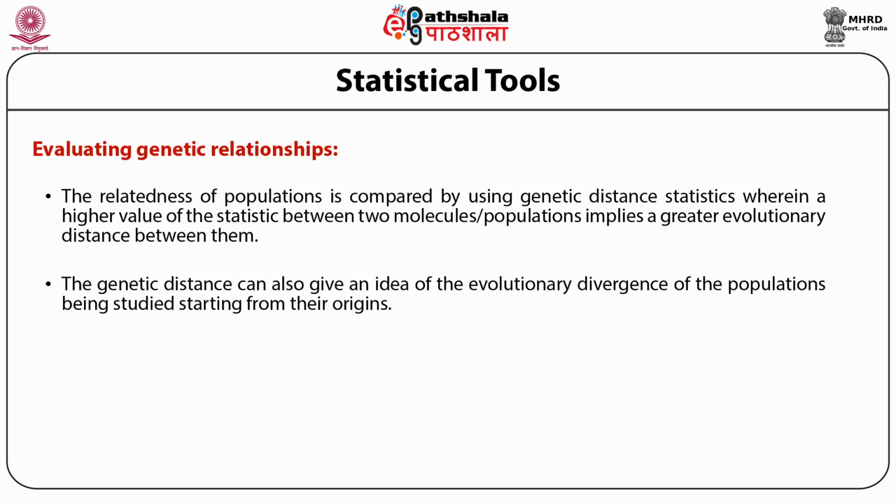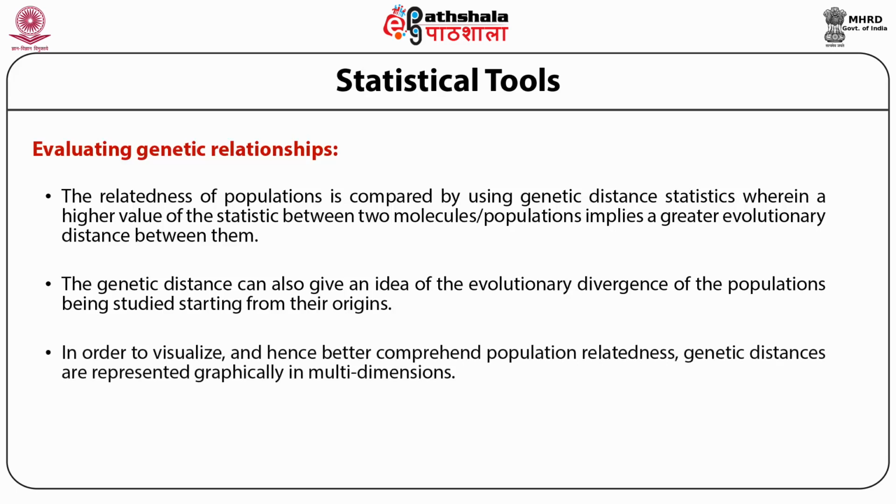The choice of the genetic distance measure depends on the evolutionary force in question and the mutation rate of the markers chosen for the study. Two commonly used indices to measure genetic distance are FST and Nei's genetic distance, DA, given by Nei 1987, in order to visualize and hence better comprehend population relatedness.